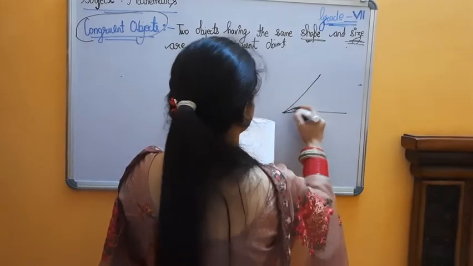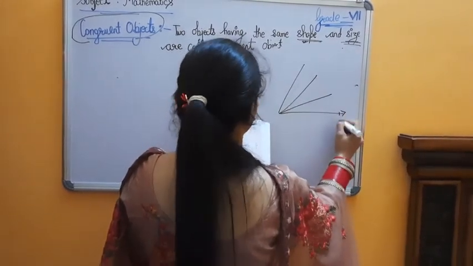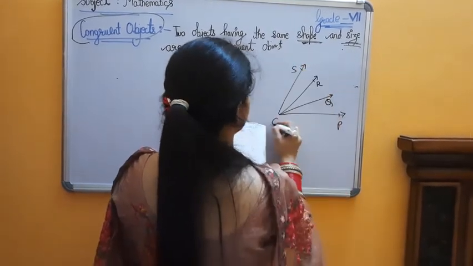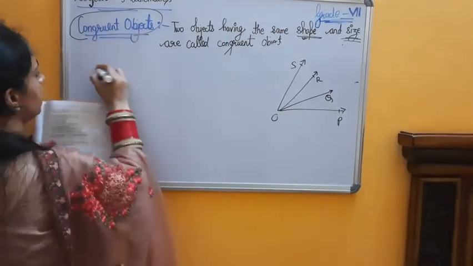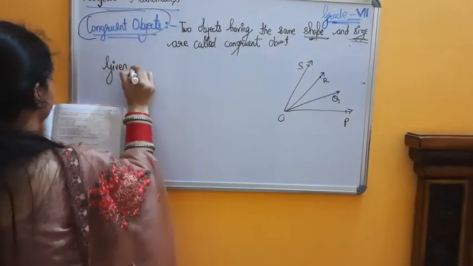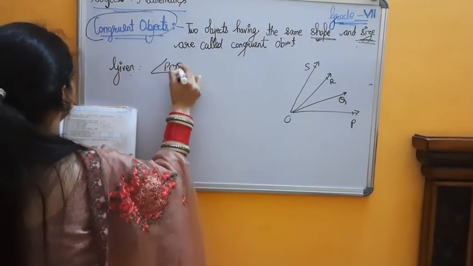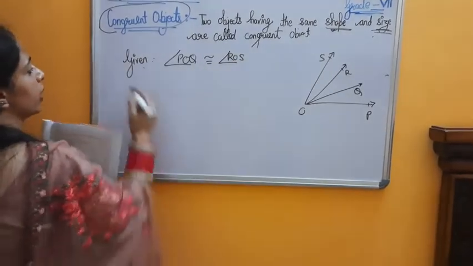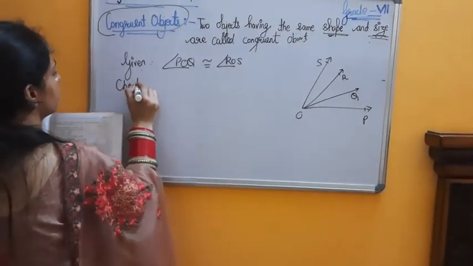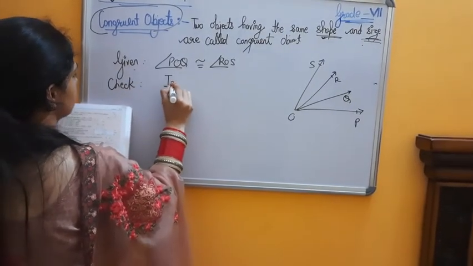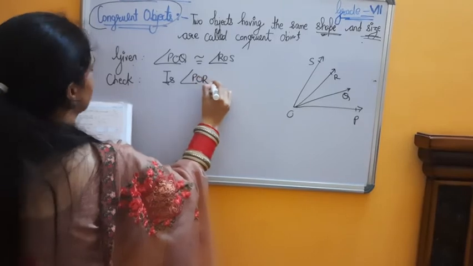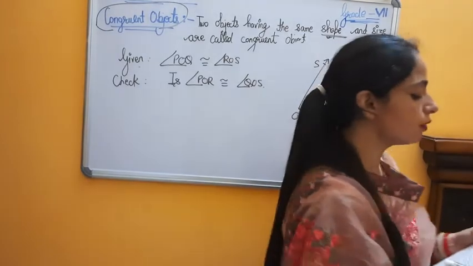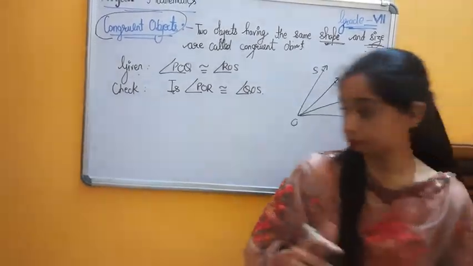This figure is given with points P, Q, R, S and O. We have to check whether angle POR is congruent to angle QOS, and give reason in support of your answer.